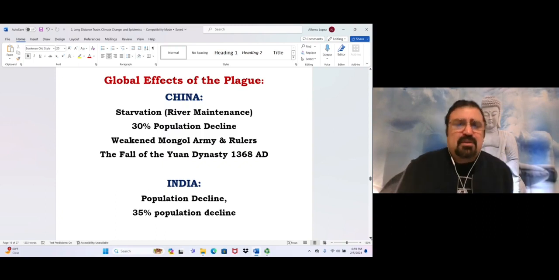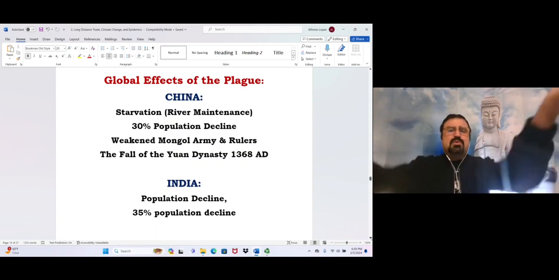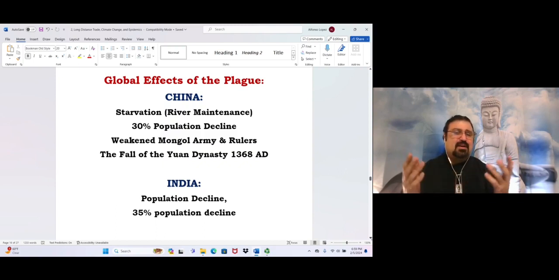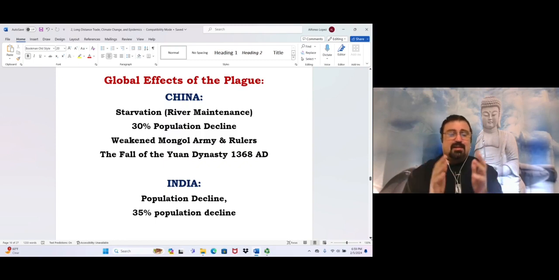Now, the global effects of the plague. What were the global effects? Well, when it comes to China, for example, we see 30% population decline. Okay, so this is a society that was over 100 million people. And again, a reduction of 30% was significant.